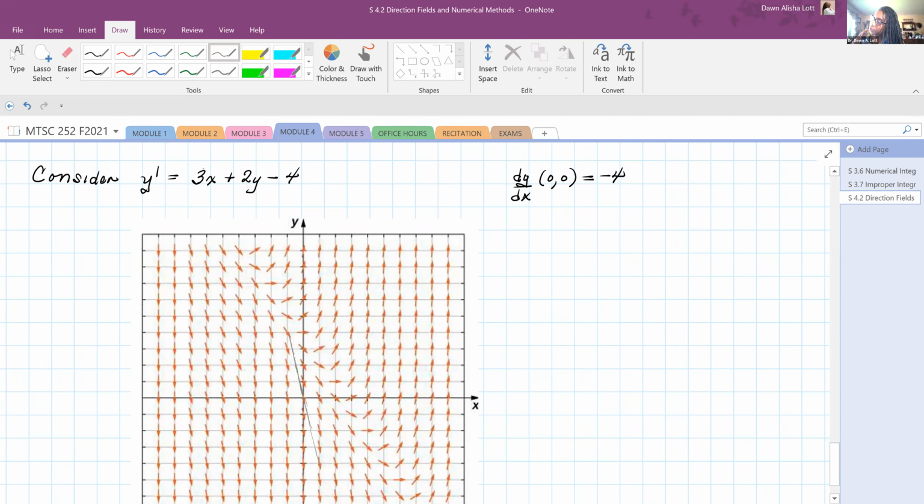So here, f of x, y is equal to 3x plus 2y minus 4.